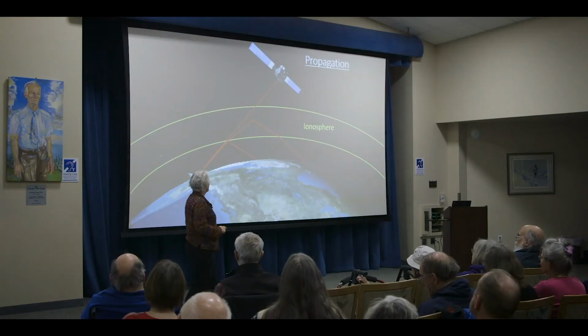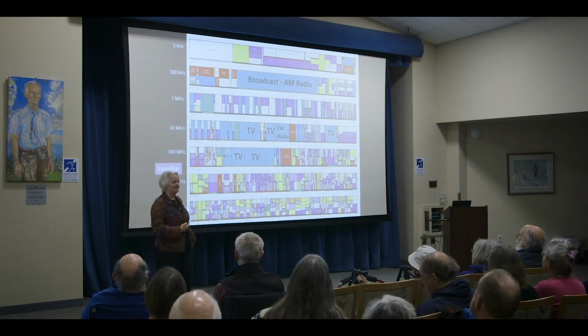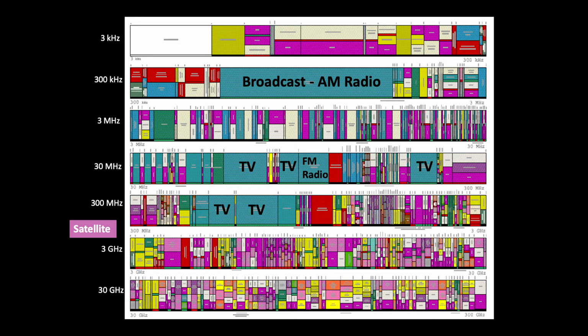But there's worse things than that. You have the law. So lots of people want to use the airwaves. And again, if everybody's using the same frequency band, nobody can hear anything, right? So the Federal Communication Commission regulates who uses what.